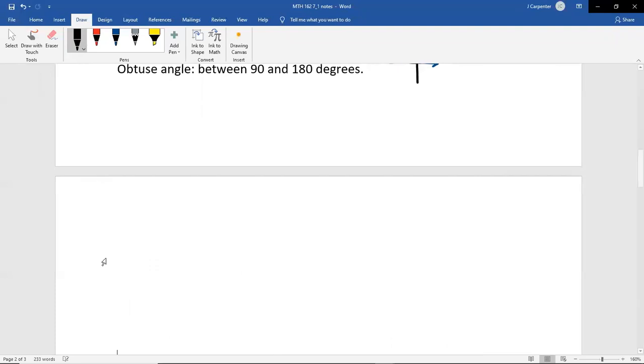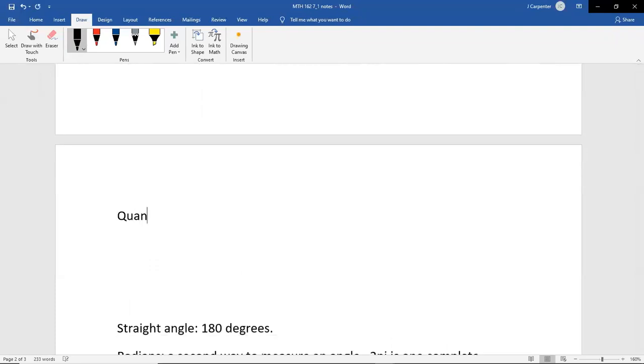So what are the quadrantals? Someone just asked, is a right angle in quadrant 1? And I'm going to say yes and no, kind of, maybe, sort of. I'll describe why as soon as I finish these drawings.